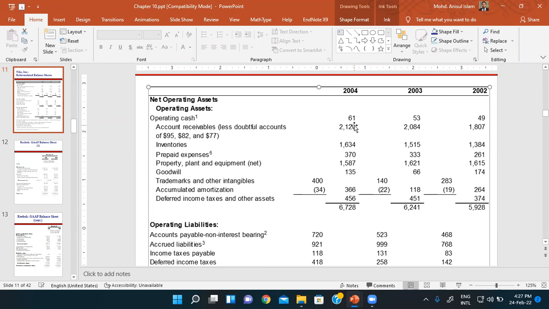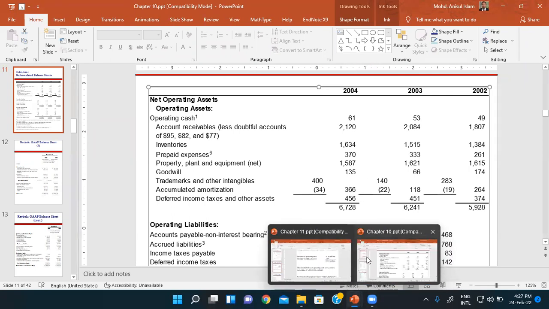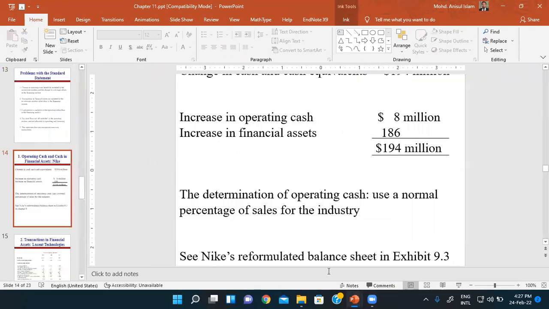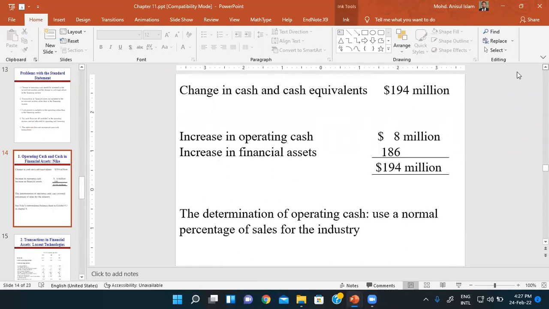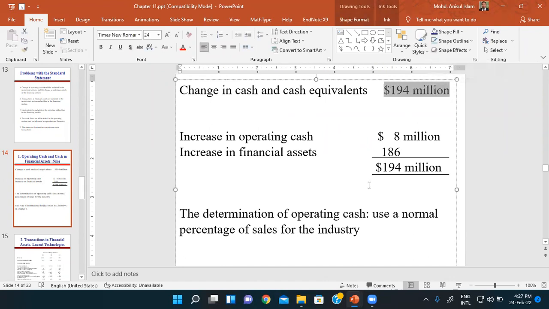Okay. So if the overall change in cash and cash equivalent over the year is 194 million, out of 194 million, 8 million should be for operating cash.